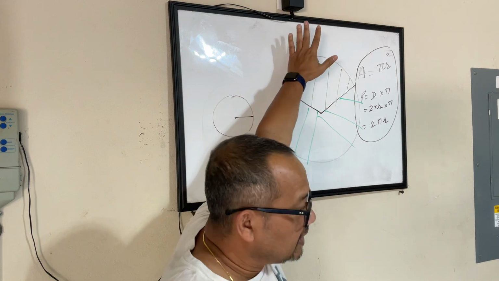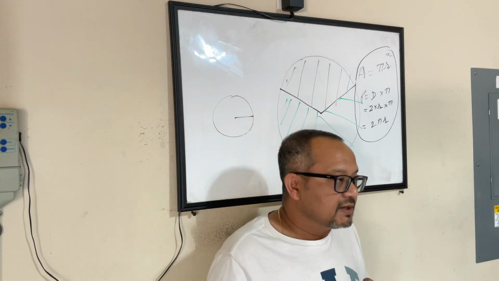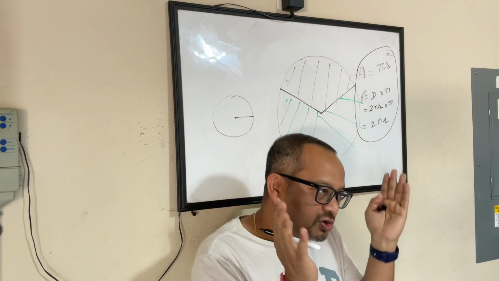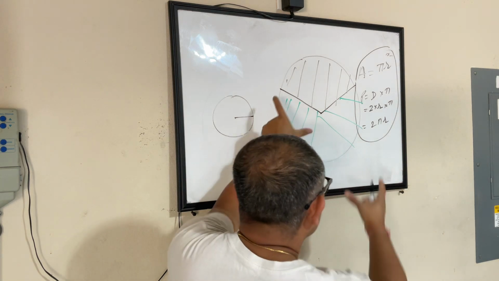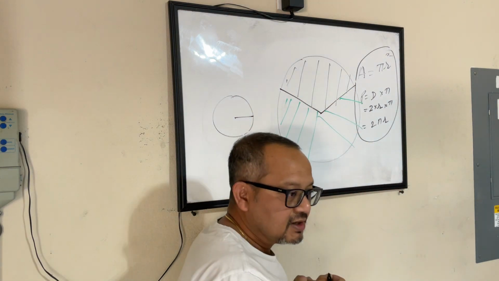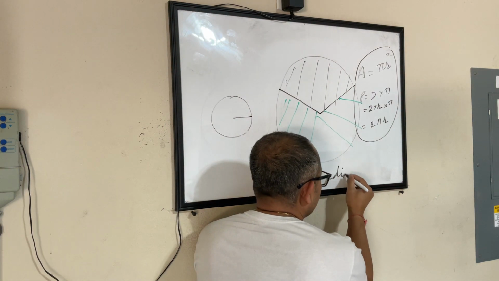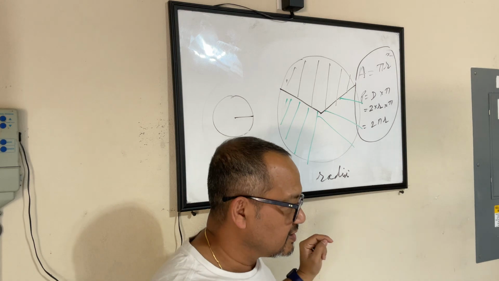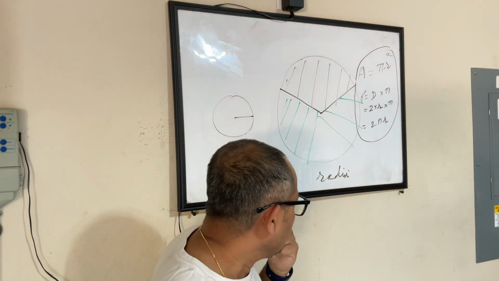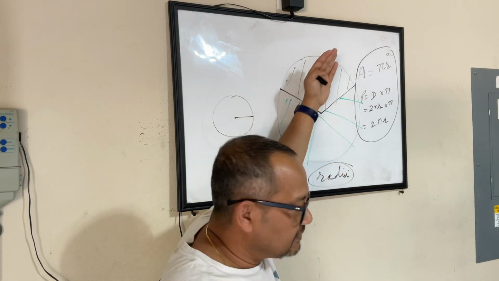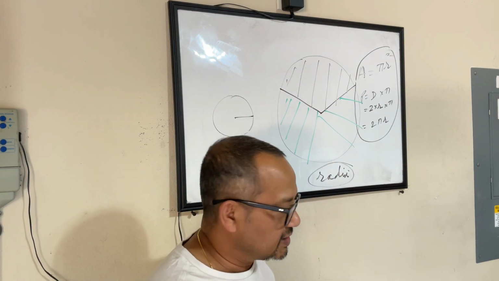So basically, in summary, sector is nothing but an area or a portion of a circle made by joining two radiuses or two radii. When you visualize this, one could be a smaller sector, one could be a larger sector.